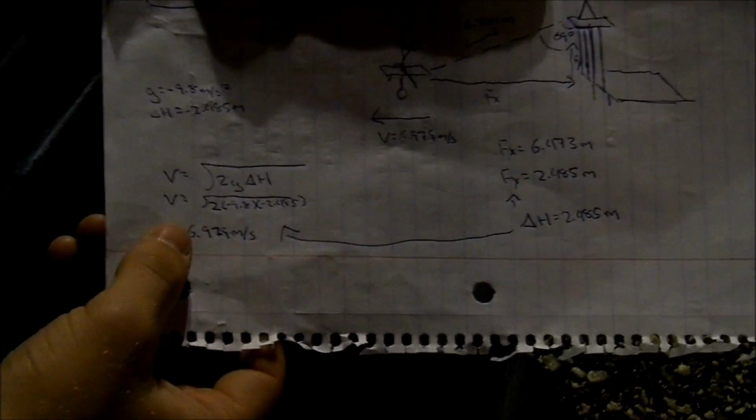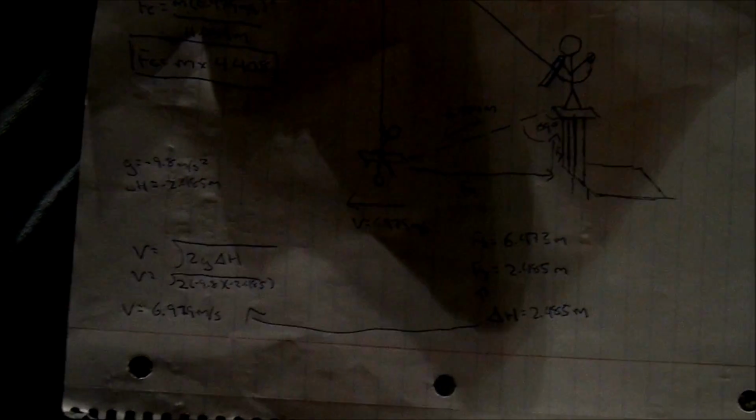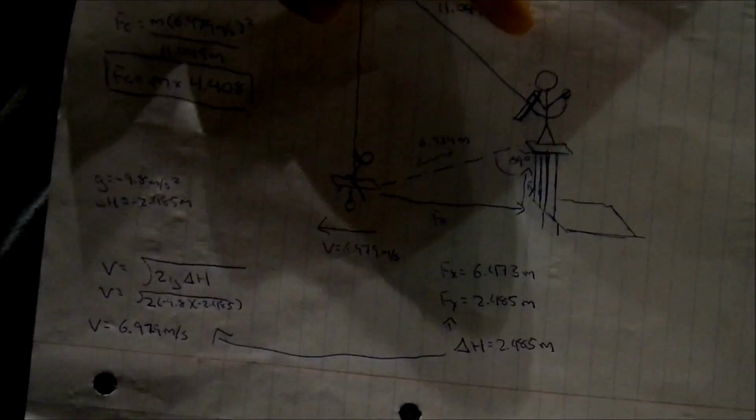Anyway, from here, you plug it into your velocity equation, which is the square root of 2 times g times the change in height, where Fy is your change in height. And you know that g is negative 9.8. You do all of that, and you get your calculation of your velocity to be 6.979 meters per second. And velocity in this circumstance is not correlated with mass whatsoever, so the velocity is going to remain a constant.